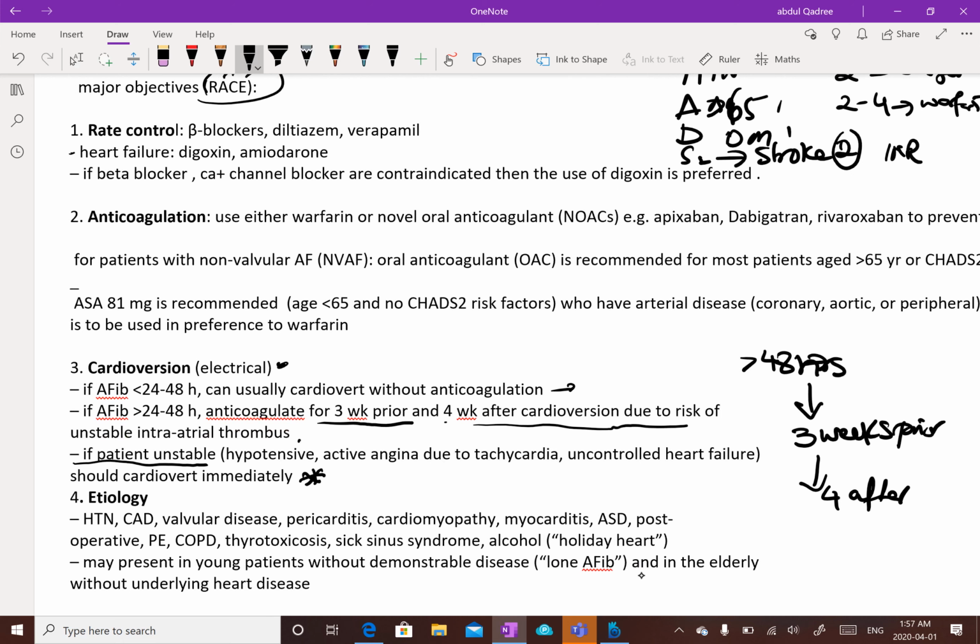Also pericarditis, cardiomyopathy, myocarditis, atrial septal defects, post-operative, that's a very good one, pulmonary embolism, COPD, thyrotoxicosis. As you see, there are a lot of reasons that can cause atrial fibrillation. We also talked about lone AFib in the elderly without underlying heart disease.